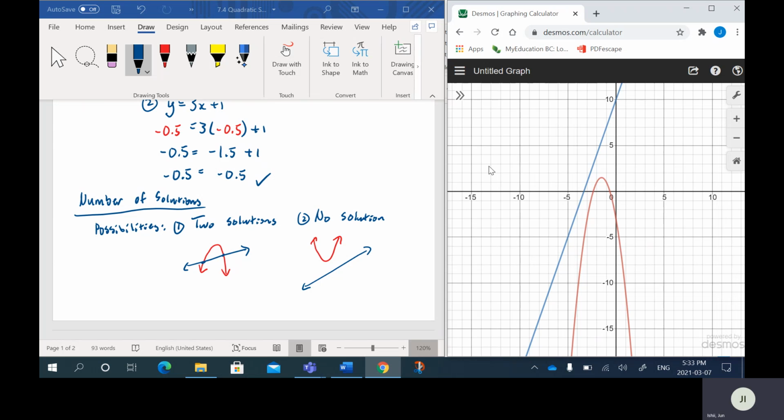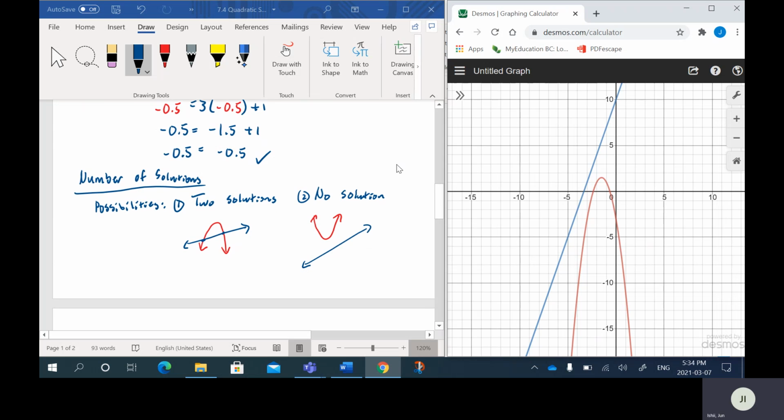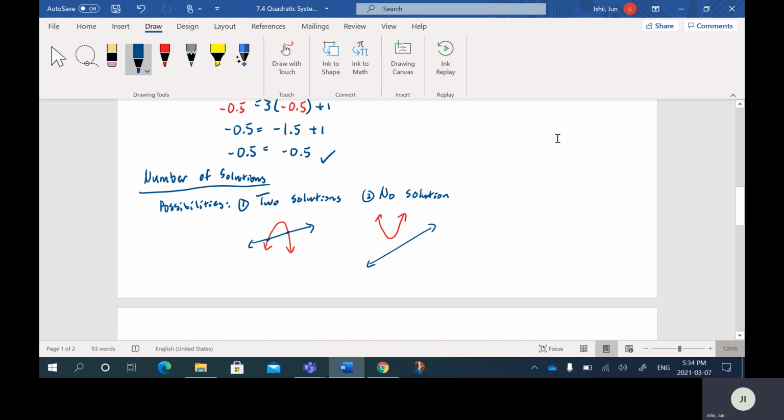Okay. Now there's actually a third possibility, which I hopefully can squeeze onto that page. Yeah. Okay, and so the third possibility is when we actually have one solution. All right, so this occurs when, again, I'm just going to draw a random parabola, when the parabola and the line will just touch the parabola, but will not cross it.